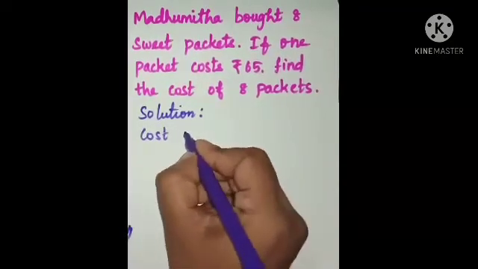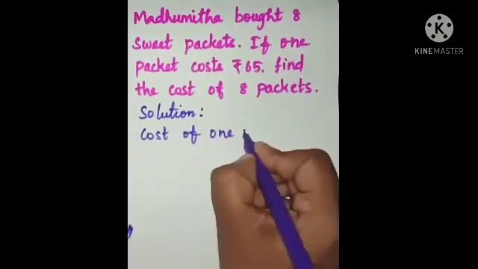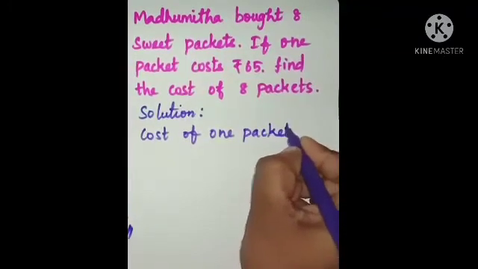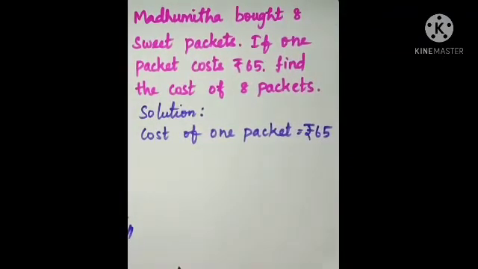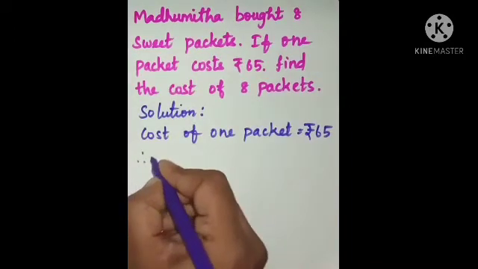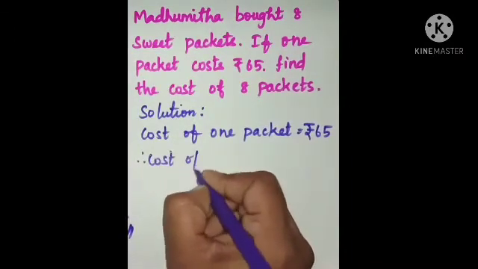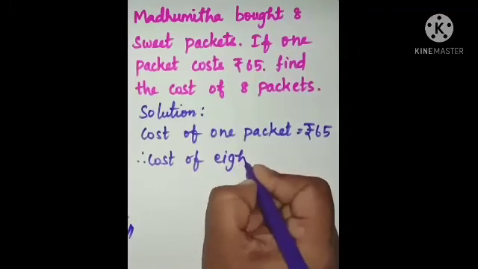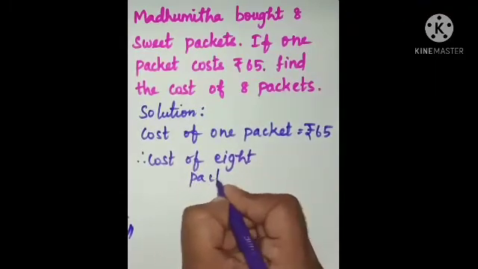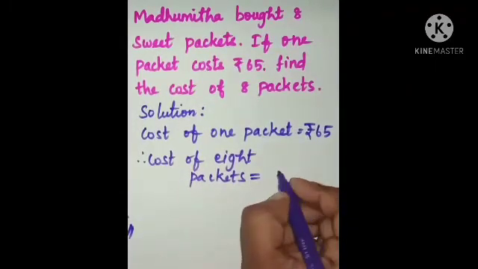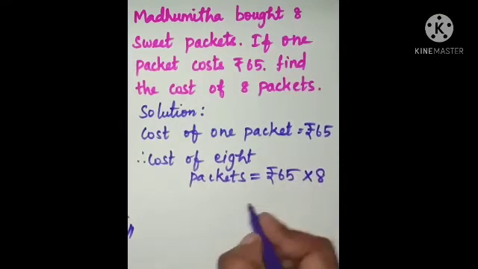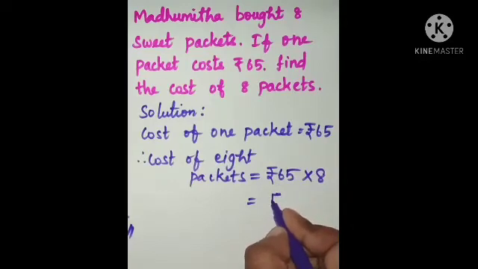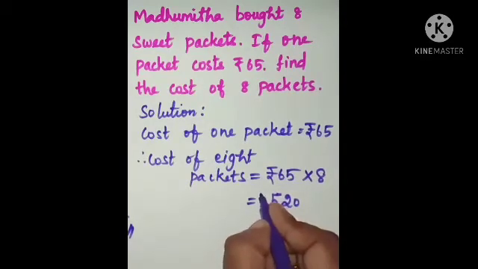The cost of 1 packet is given, that is rupees 65. Now what will be the cost of 8 packets? To get that, we need to multiply 65 with 8. That is 520.